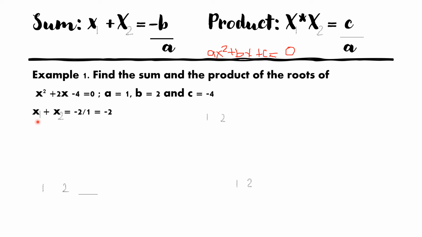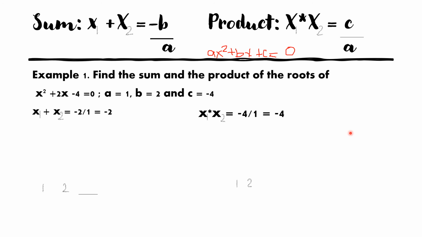So simply, ang formula natin to get the sum is negative b over a. So yung b natin ay 2. So ibig sabihin minus or negative 2 over 1 is equal to negative 2. So i-substitute nyo lang kung ano yung mga value na nakuha natin.